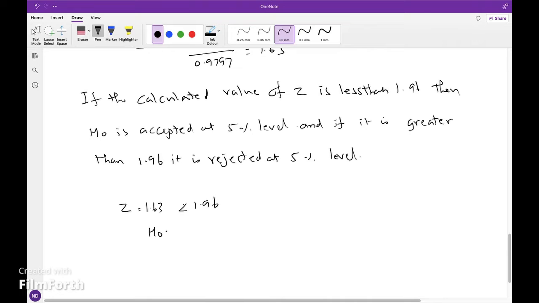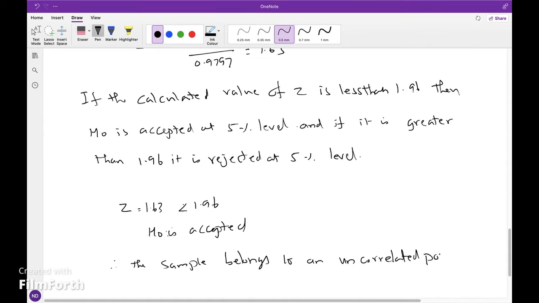So the null hypothesis is accepted. That means the sample belongs to an uncorrelated population.